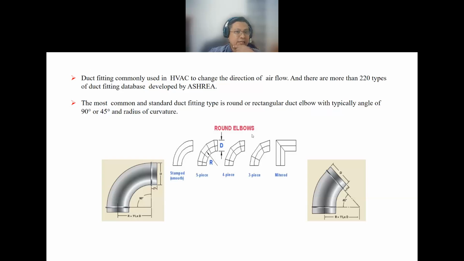The most common and standard duct fitting type is the round or rectangular duct elbow, typically with an angle of 90 and 45 degrees, and a radius of curvature. Okay, how to define 45 and 90 is like this, based on the angle. This one you can see means the 90 degree.